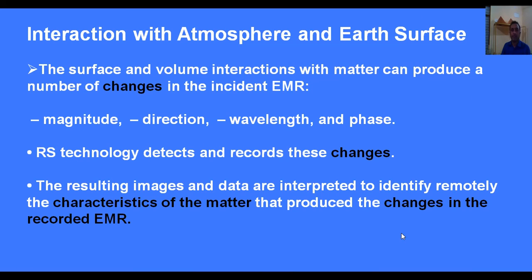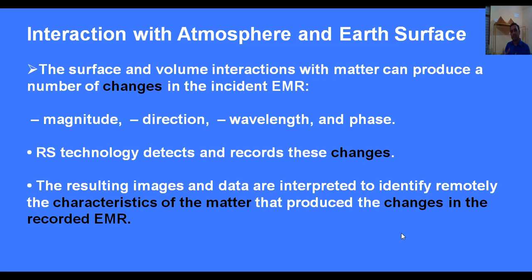Next, interaction with the atmosphere and earth surface. The surface and volume interactions with matter can provide a number of changes in the incident electromagnetic radiation. Whenever the radiation is incident on the earth surface, the incident wavelength changes and the incident energy changes. The change is detected and recorded by the sensor.